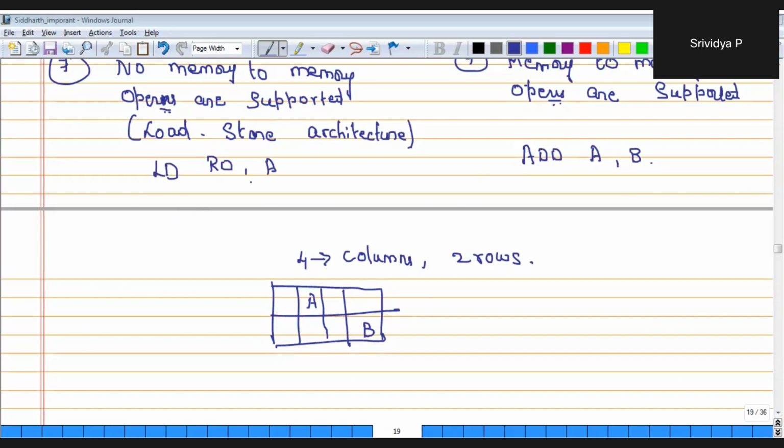First, I will have to load the value of A into the register, then load the value of B into another register, R1, then perform addition of R0 and R1, and then store back the value of R0 into the location of A. This is what has to be done in RISC architecture.